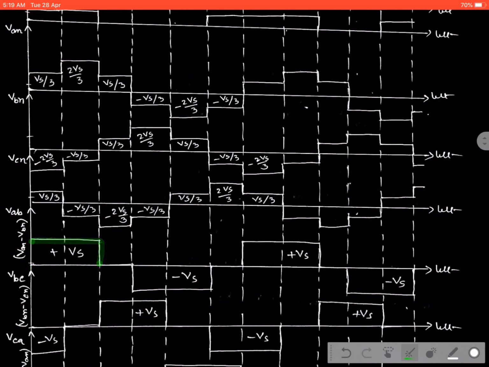Now next case, for VAN that is Vs by 3, and VBN is minus Vs by 3. That means they cancel each other, it will provide you 0 voltage.